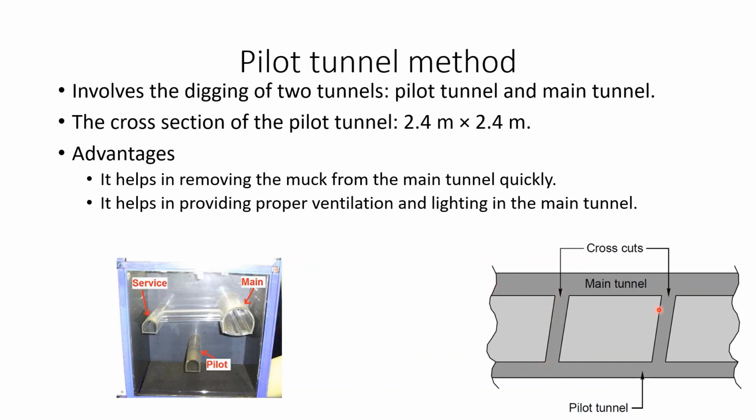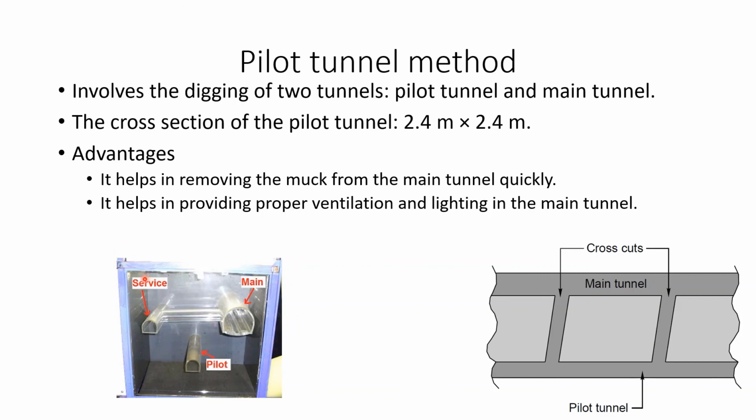At each cross cut there will be a point where it meets the main tunnel, so this can be used as a point of attack to bore the main tunnel. It also helps in providing proper ventilation and lighting for the main tunnel. So these are the advantages of the pilot tunnel method.